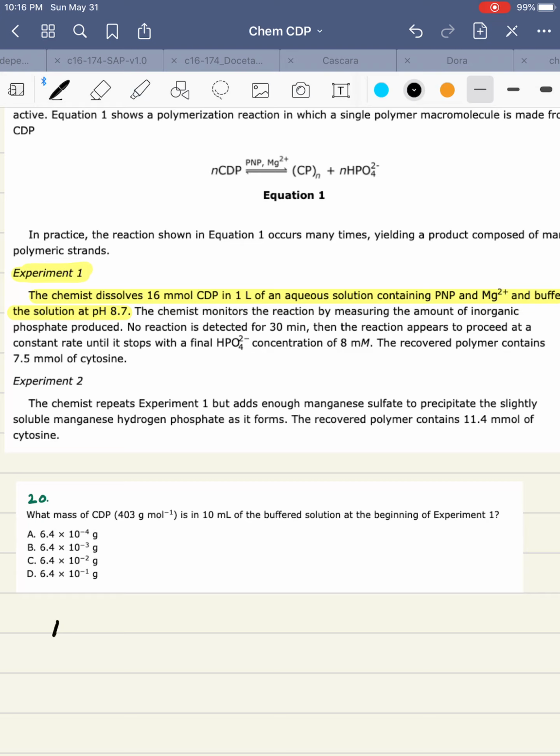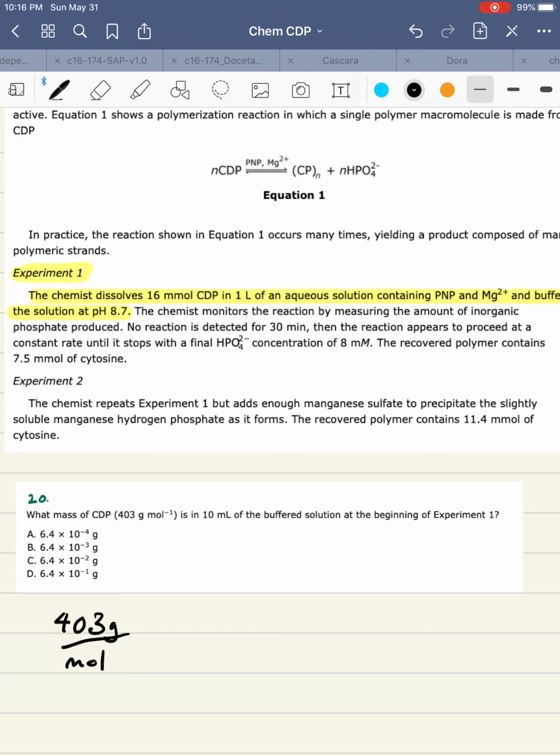So I'm just going to put this right over here, 16. So let's actually, if we know the mass of CDP is 403 grams per mole, and we are talking about 10 mLs of the buffered solution.